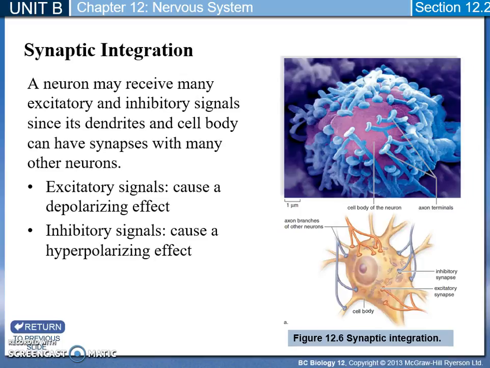So a neuron can receive many excitatory and inhibitory signals, since its dendrites and cell body will have synapses with many other neurons. It's not just a simple, one-to-one connection between neurons. You can have hundreds or maybe even thousands of connections between nerve cells. Excitatory signals cause a depolarizing effect, whereas the inhibitory signals cause a hyperpolarizing effect.